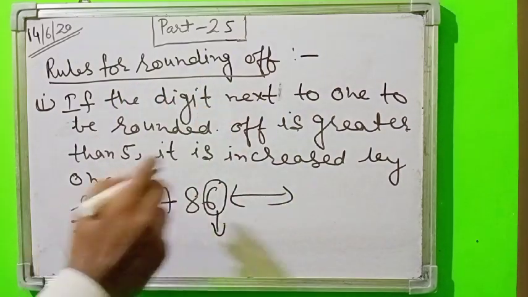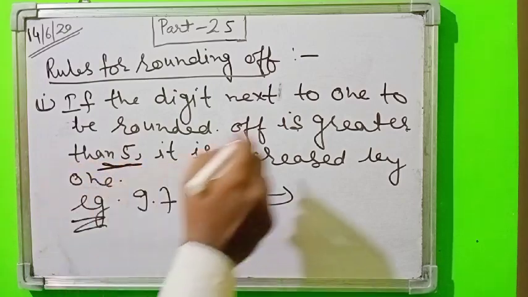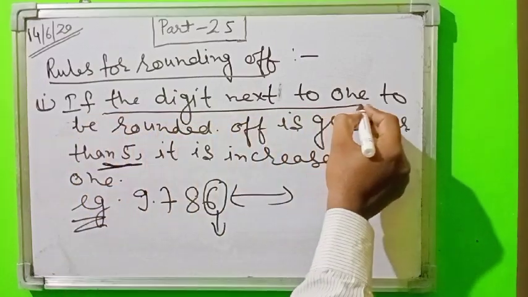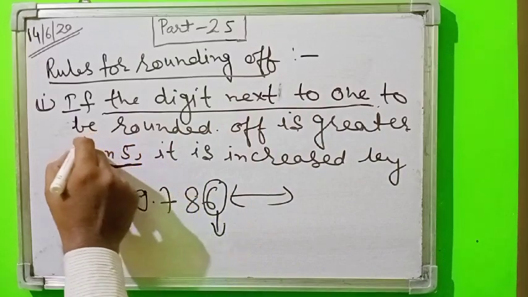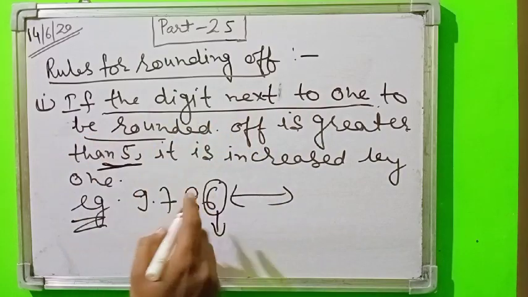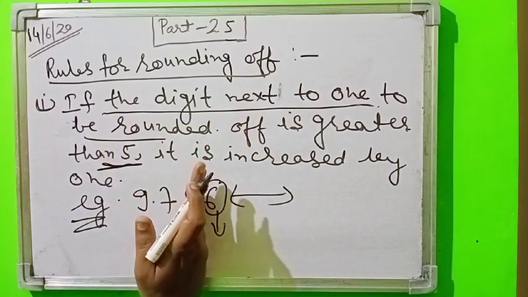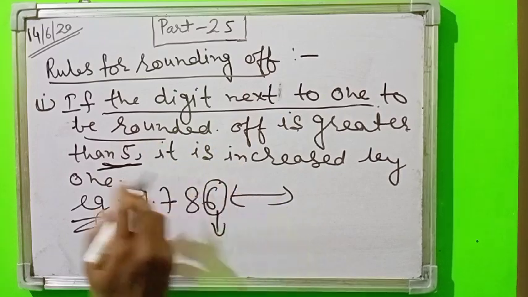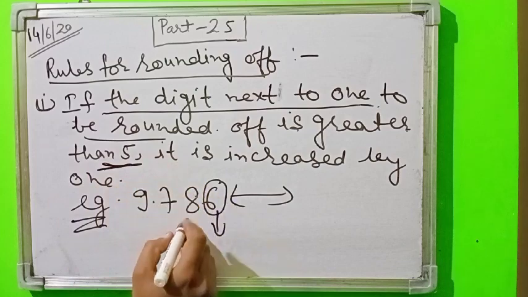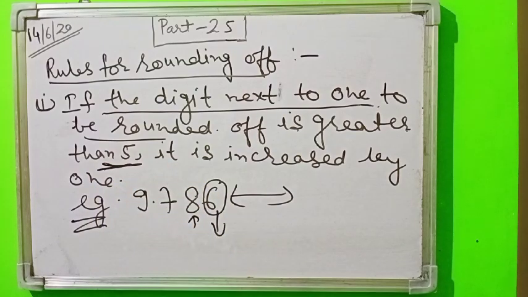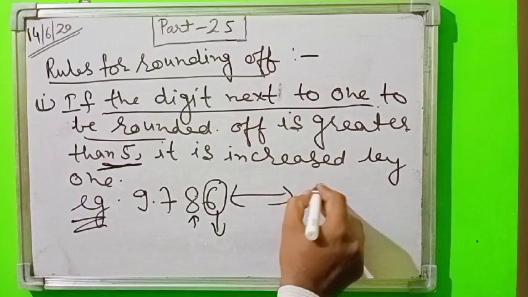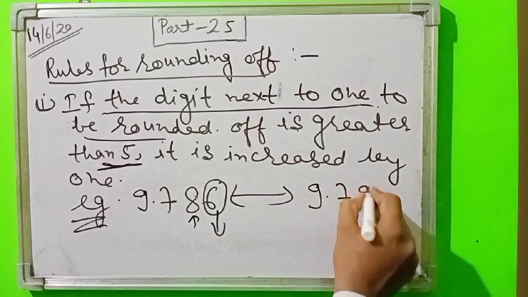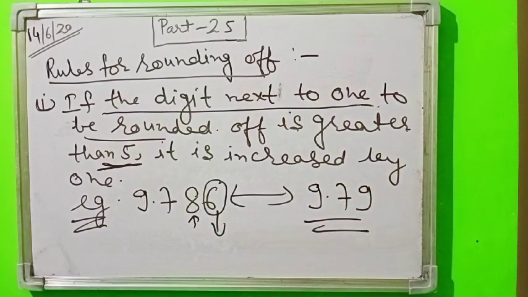Since 6 is greater than 5, the digit to be rounded off, 8, is increased by 1, and after rounding off the result is written as 9.79.